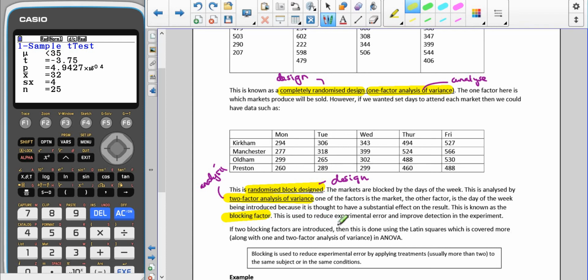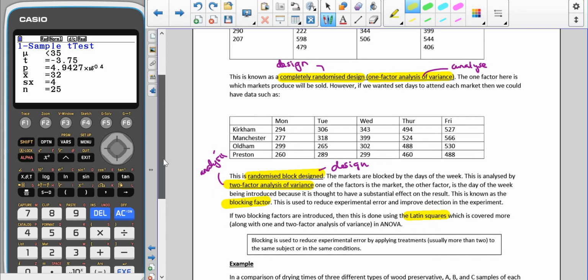If two blocking factors are introduced, then we have what's called a Latin square, which we analyse using a Latin square design. It's where we have two blocking factors. However, it's unlikely that they're going to get you to do a full Latin square question due to the fact that it takes quite a lot of time.